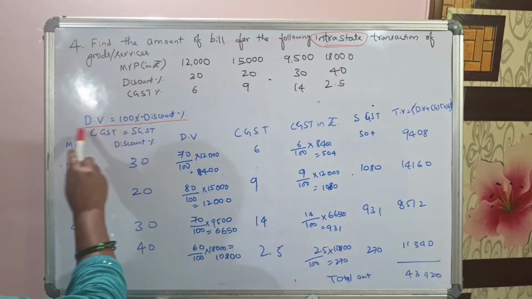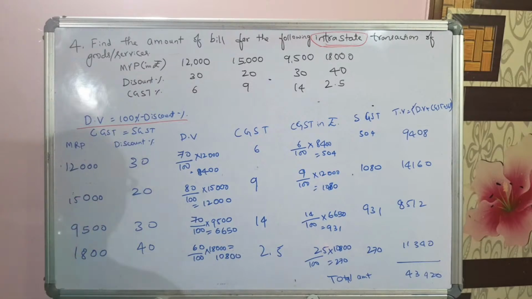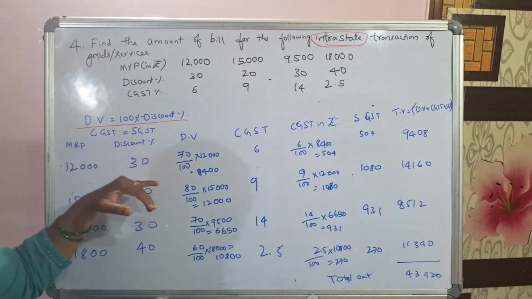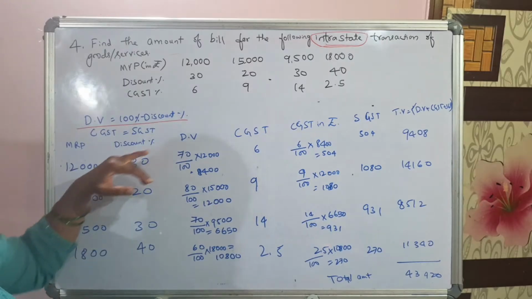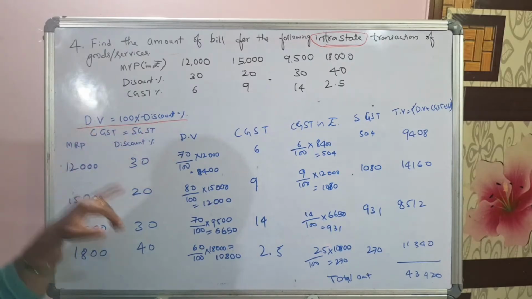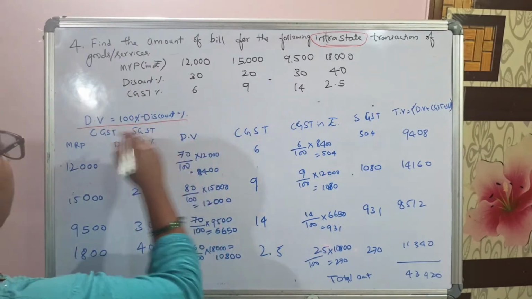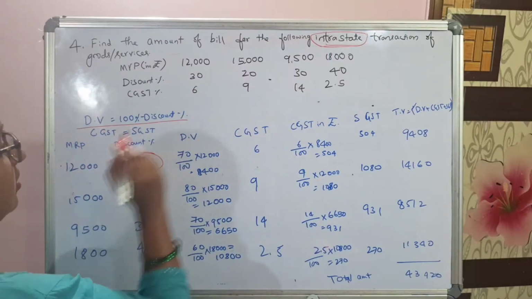Now, in the first step we have to calculate the discount value. That is MRP amount they have given, discount percent they have given. To calculate the discount value, first we need to subtract this discount percent from 100%.